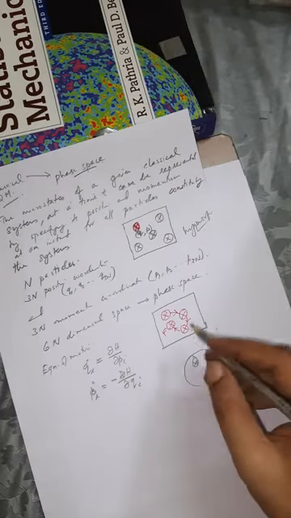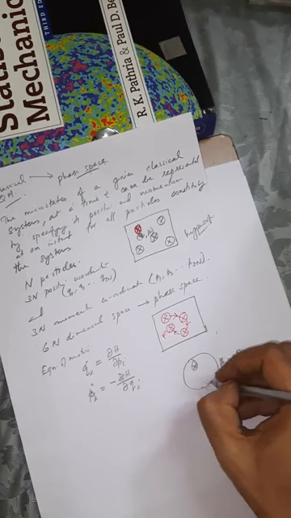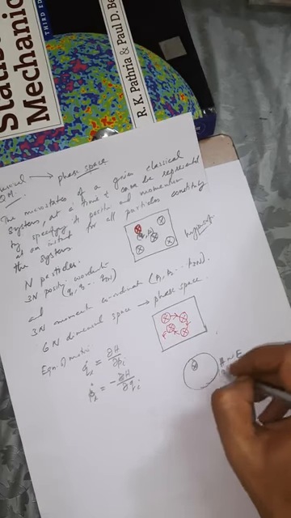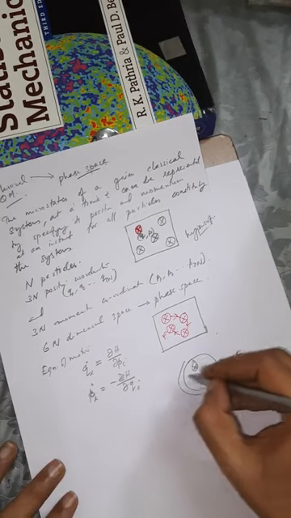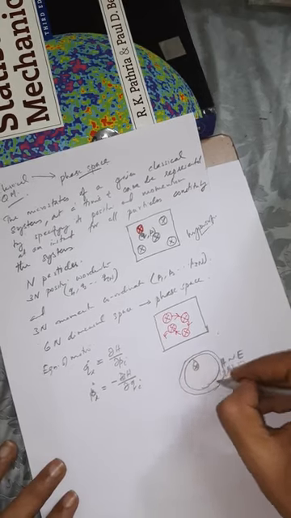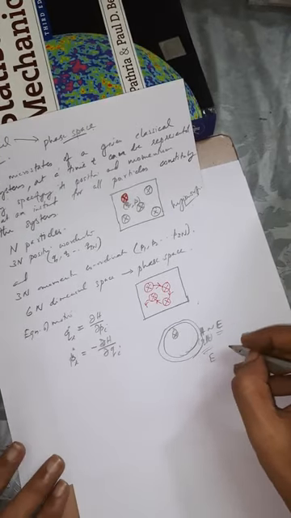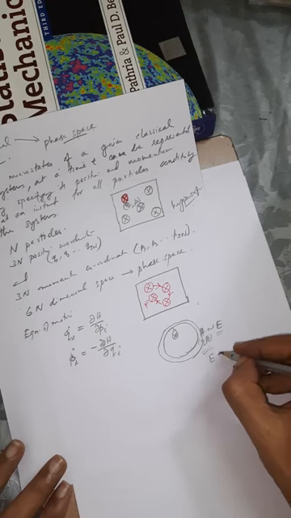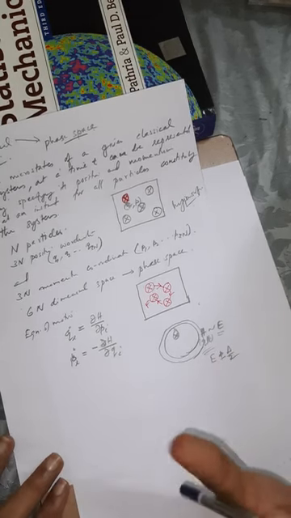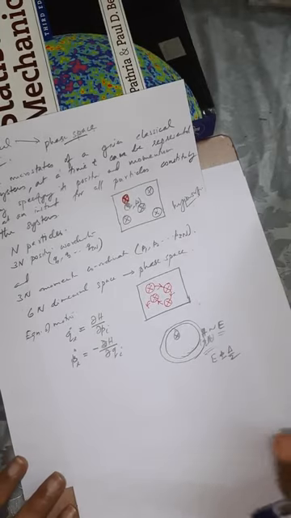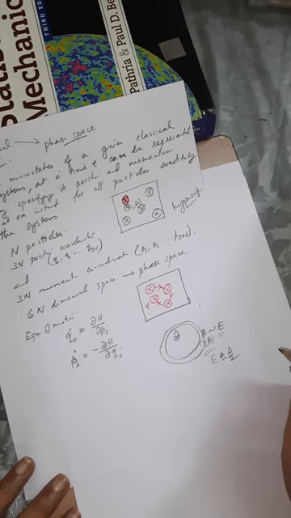One more thing which might be needed at some point: I can always define a particular hypersurface defined by E, but this energy surface can be defined only within an error of E plus or minus delta by 2.